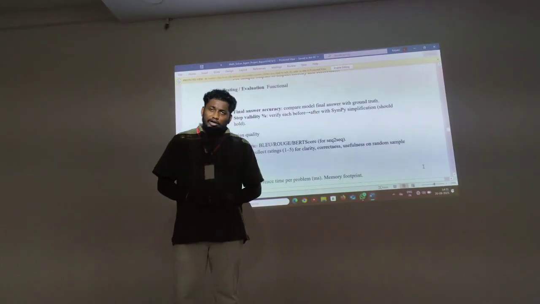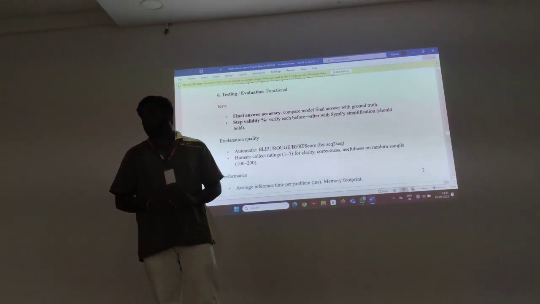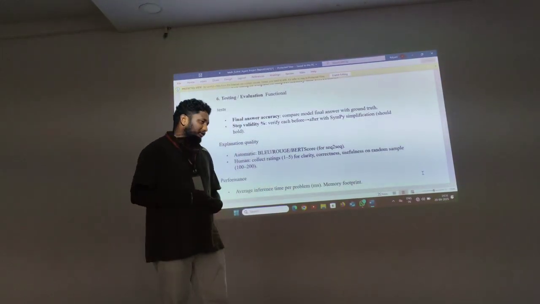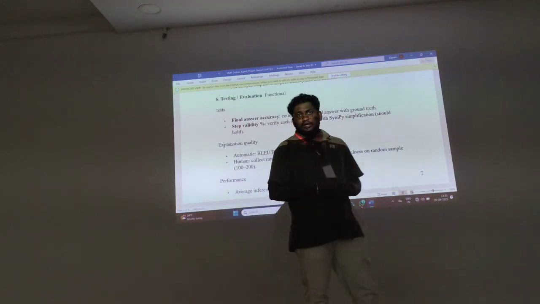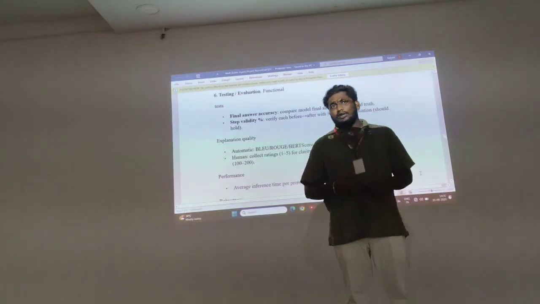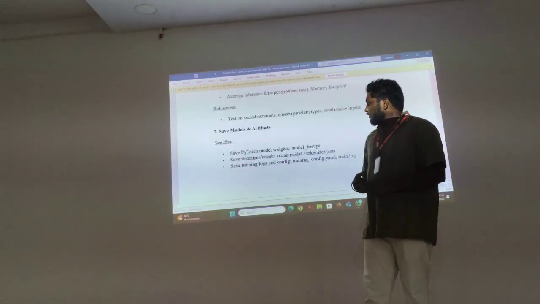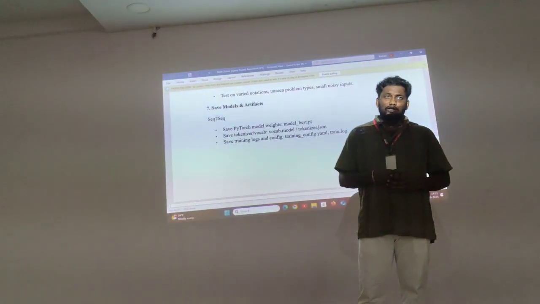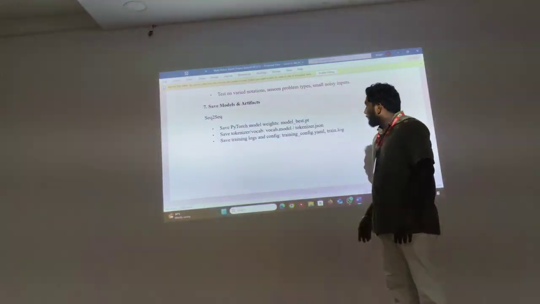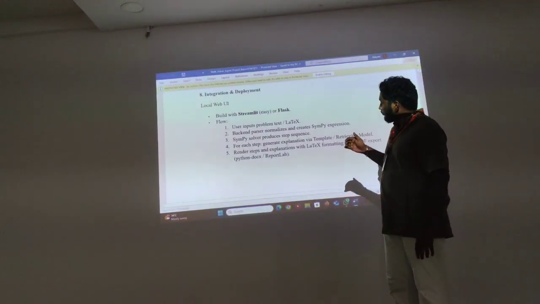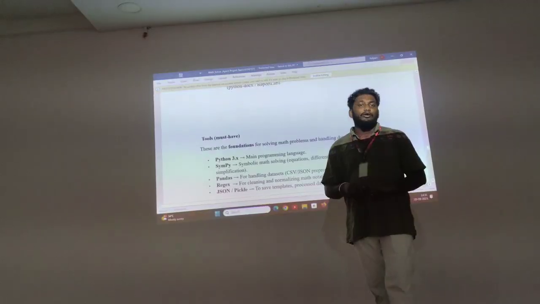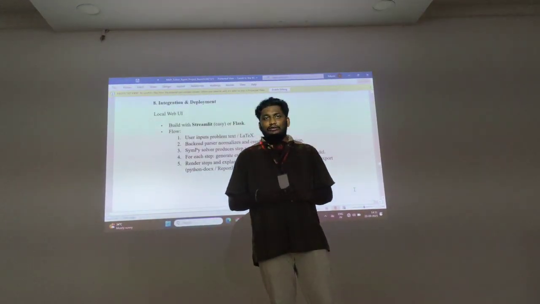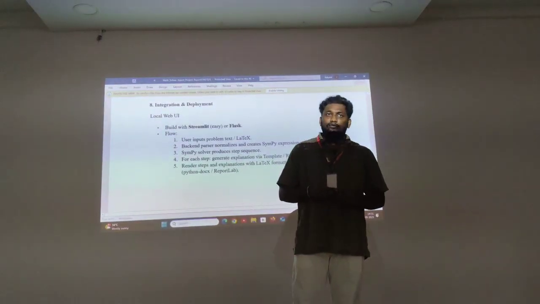That is the 80:20 rule: we train on 80% of the data and give the remaining 20% to testing. Then the model will be ready. After that, we make a user interface for the user. Later we deploy it on our own deployment cloud.